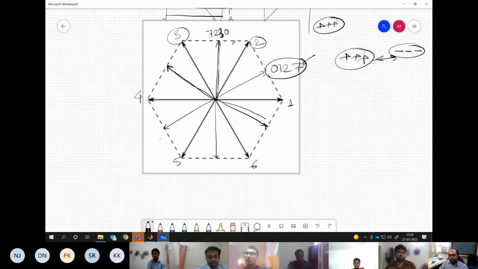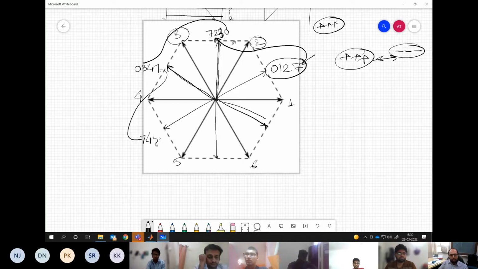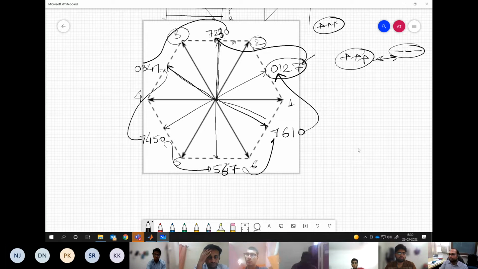So we must have 7 coming at the beginning. Then the next sector will begin 0, 3, 4, 7. Then the next sector will start with 7, 4, 5, 0. Then the next sector will go 0, 5, 6, 7. And then it will come over here as 7, 6, 1, 0. And then it continues.